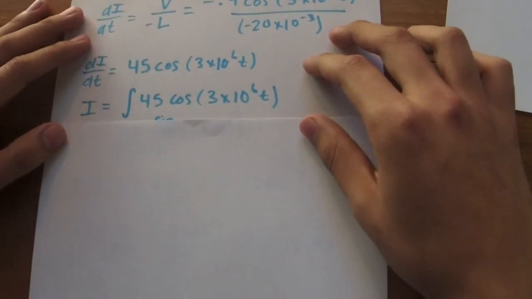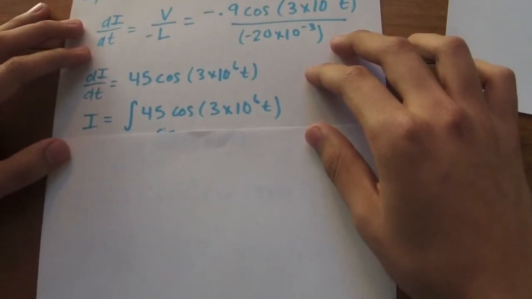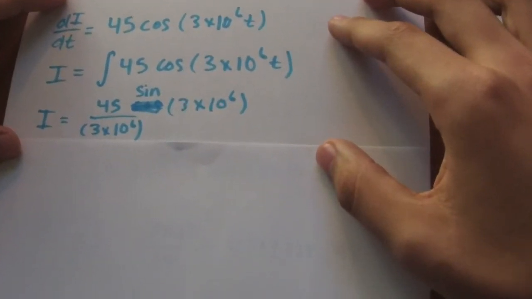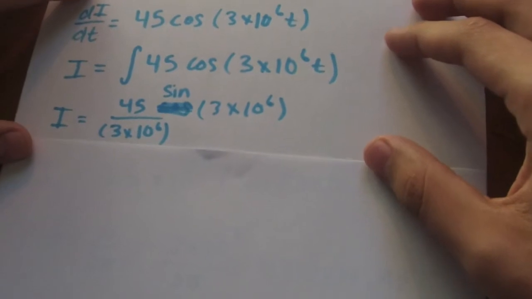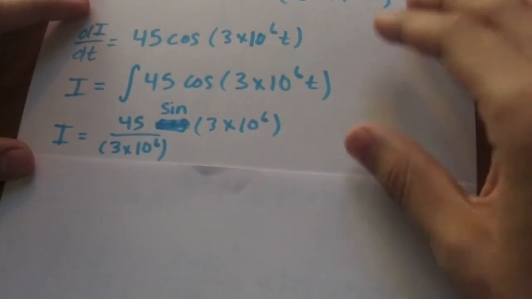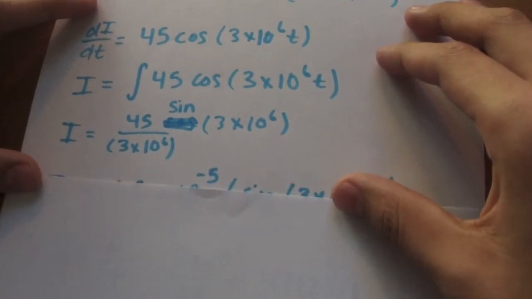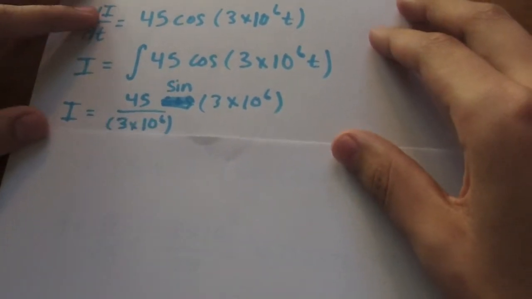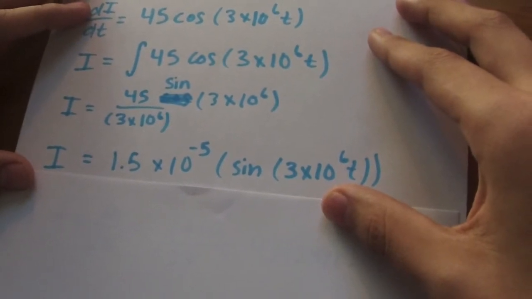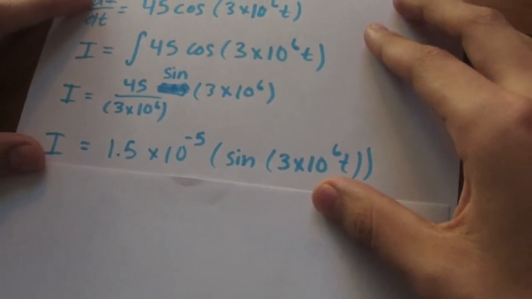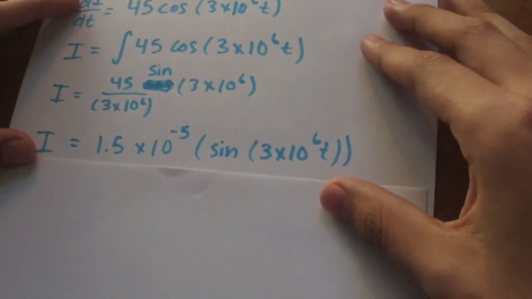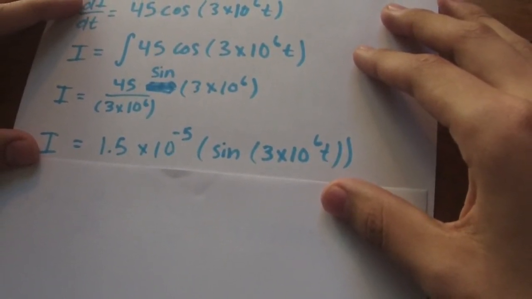Now we're going to integrate to get current, and after that we get that current is equal to 45 sine of 3 times 10 to the 6 t divided by 3 times 10 to the 6. Once we solve for all of it, we get that current is equal to 1.5 times 10 to the negative 5 sine of 3 times 10 to the 6 t, or sine omega t.